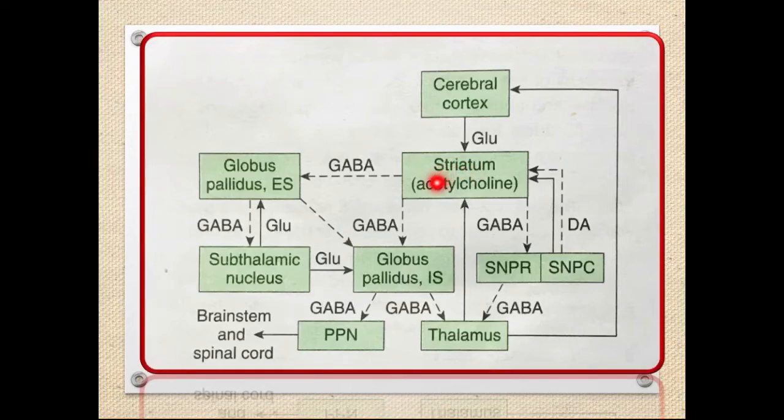If we look at this output from the striatum, it is inhibitory, whether to the direct or the indirect pathway. So almost 95% of the striatum neurons release the neurotransmitter GABA, but still 5% are there. Those 5% of the neurons communicate within the striatum itself. What is striatum? Striatum is caudate nucleus and putamen.